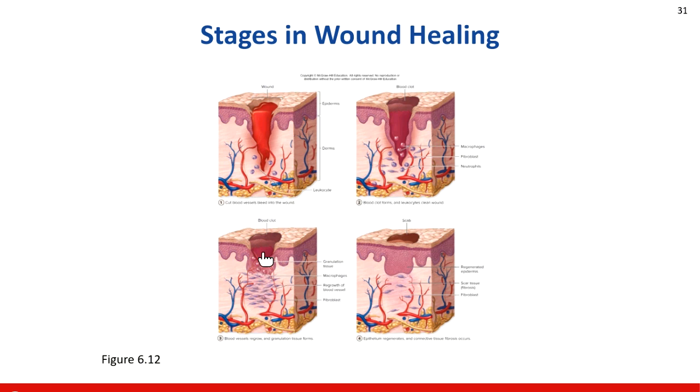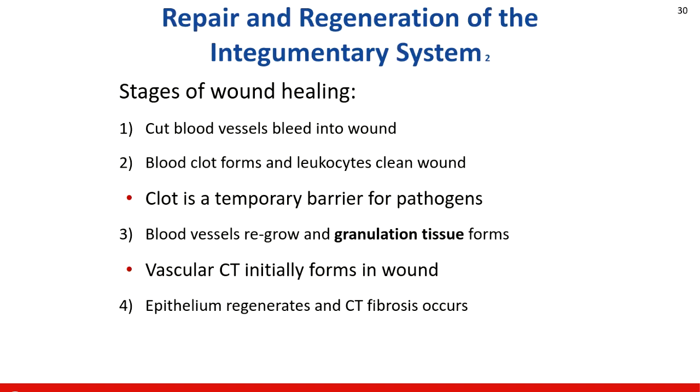Then the last stage, and this is where we see the epithelium. The epithelium is usually the last to get repaired. So that epithelial tissue is starting to regenerate as we rebuild that stratum basale layer there.